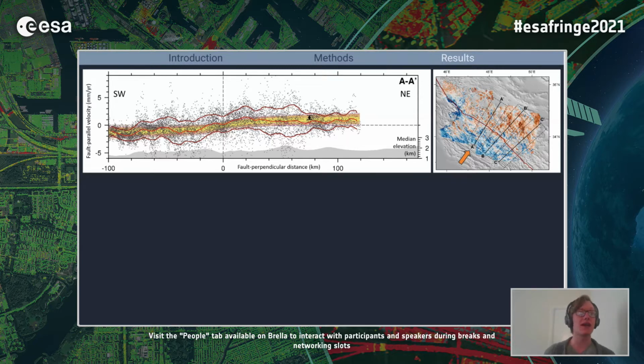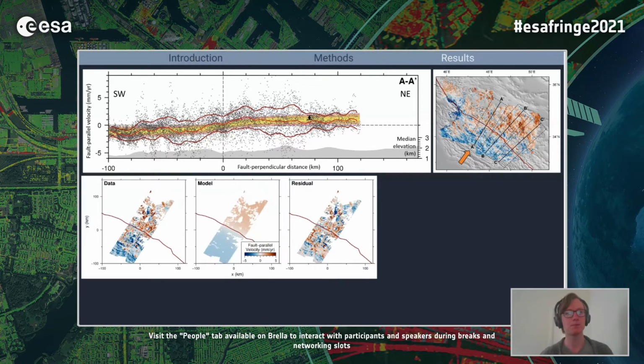So they give you an idea of the fit here, that they are fitting the general trend of more negative fault parallel velocities on the left side in the southwest, more positive on the right. If you look at this in a map view, we can see that the model in the middle does a pretty good job of flattening off those residuals. There's a lot of noise, a lot of other things going on.